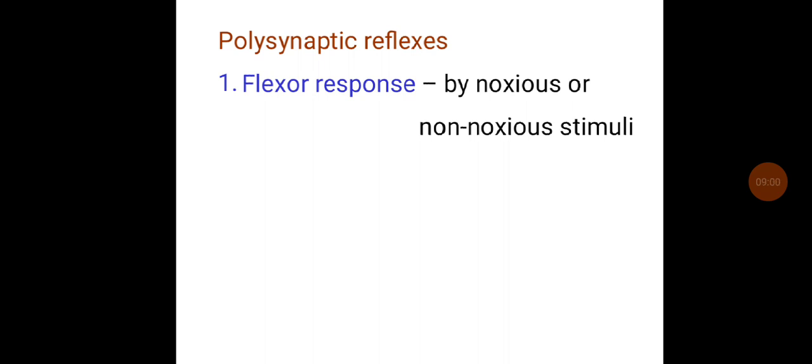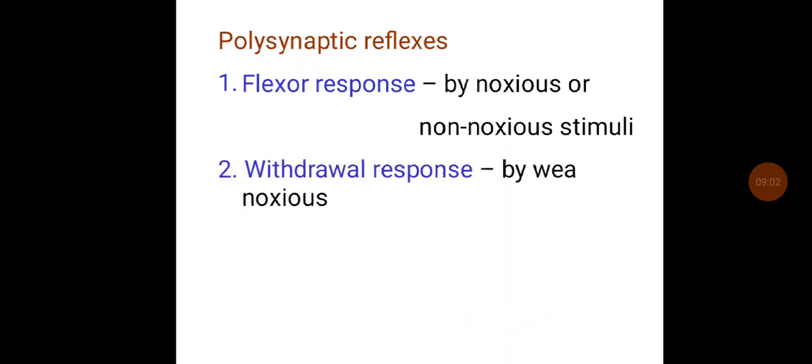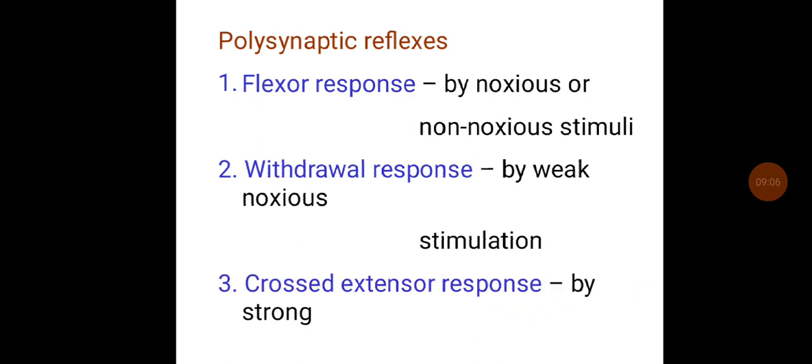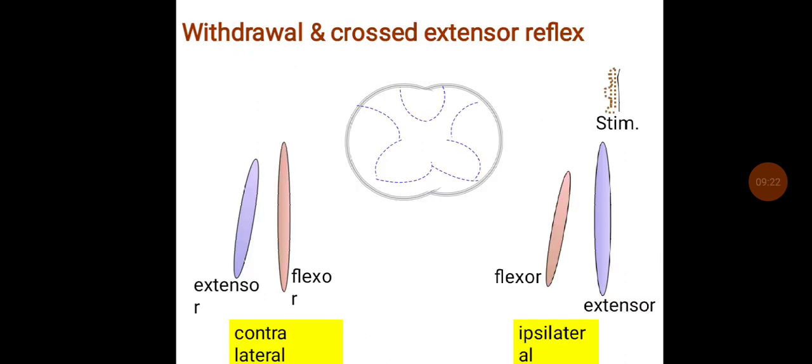They can be of different types: flexor response, withdrawal response, or the crossed extensor response. The flexor response can occur by noxious or non-noxious stimuli over the skin, the withdrawal reflex by weak noxious stimulation over the skin, and the crossed extensor by strong noxious stimulation over the skin.